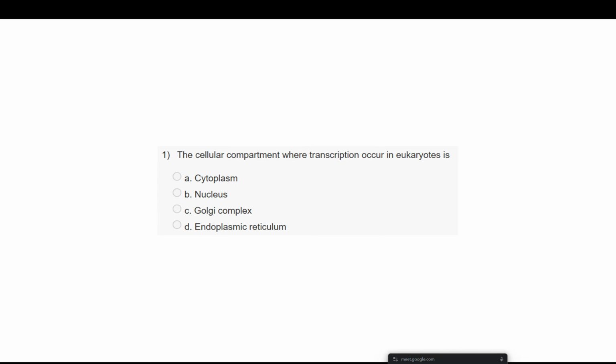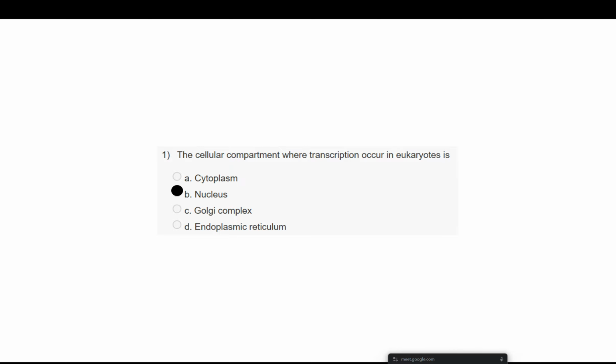So the first question is, the cellular compartment where transcription occurs in eukaryotes is cytoplasm, nucleus, Golgi complex, or endoplasmic reticulum? The answer is nucleus. So replication will happen within nucleus or within mitochondria or within chloroplast, but mostly within the nucleus.